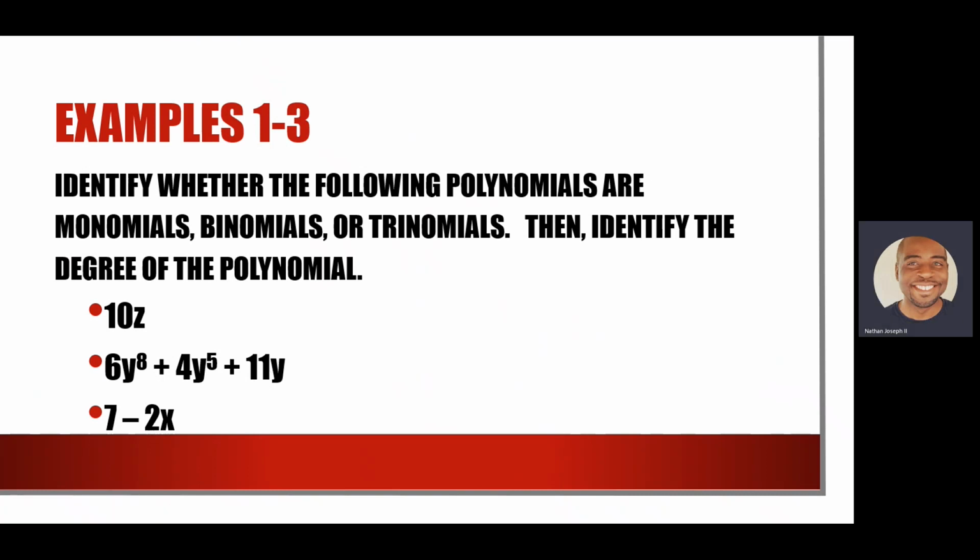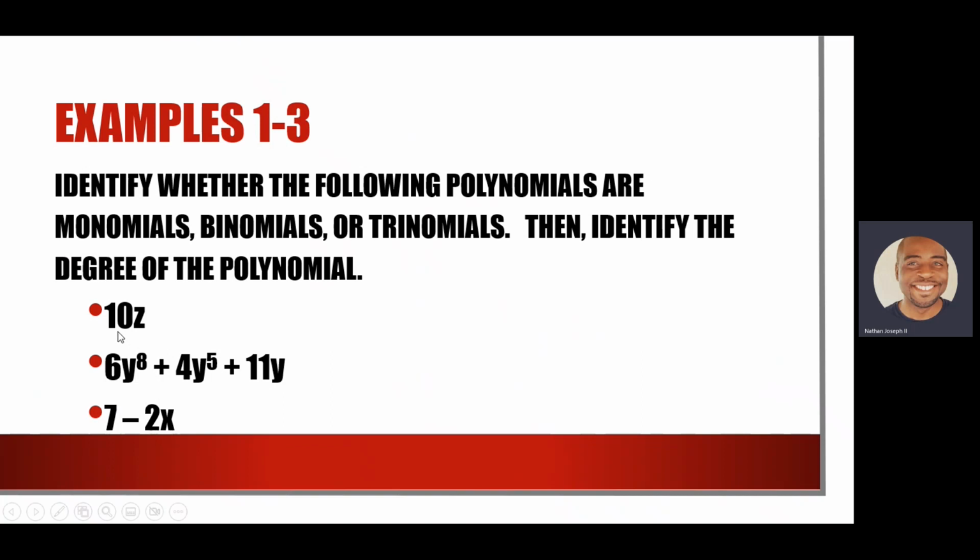Looking at example 3, that is an example of a binomial because we have 1 term, the 7, and the second term, negative 2x. So example 1 is a monomial, example 2 is a trinomial because 3 terms, example 3 is a binomial.